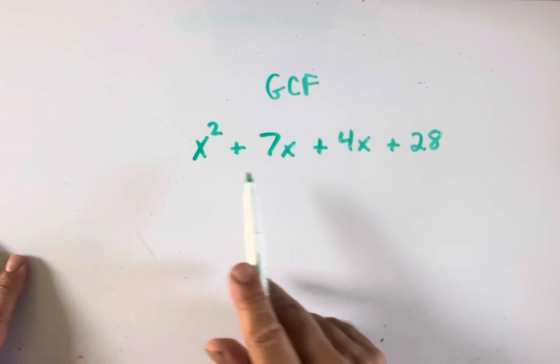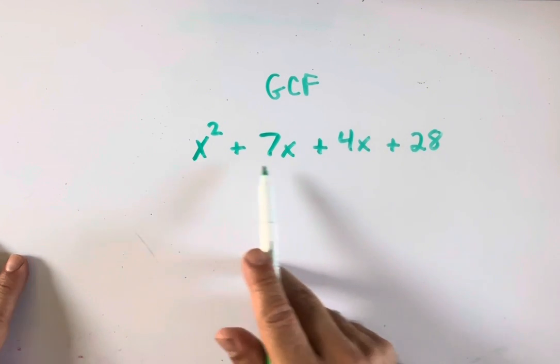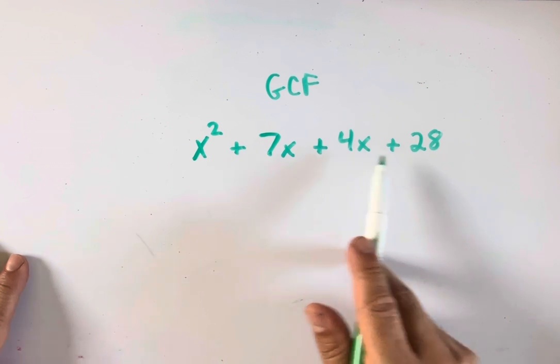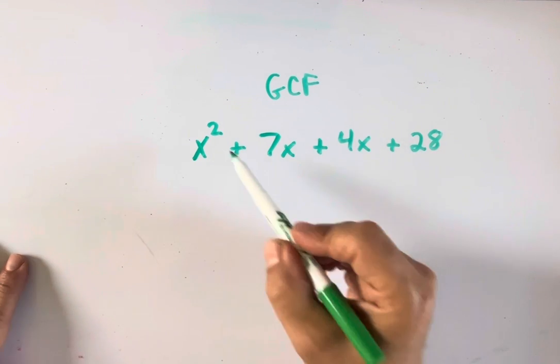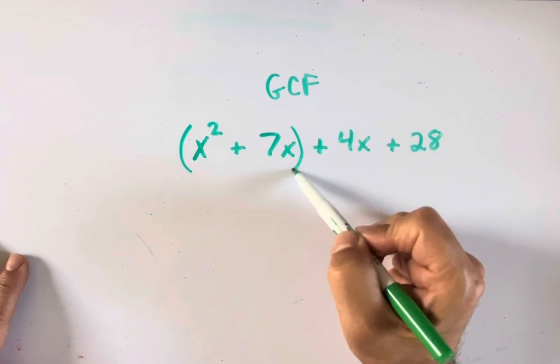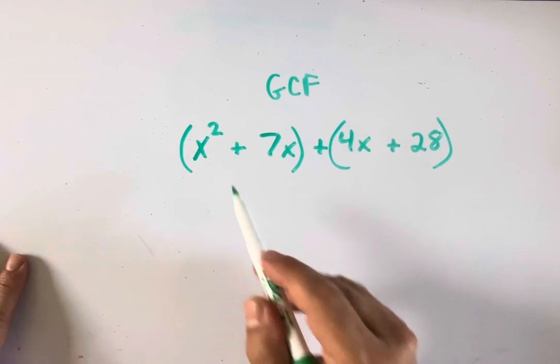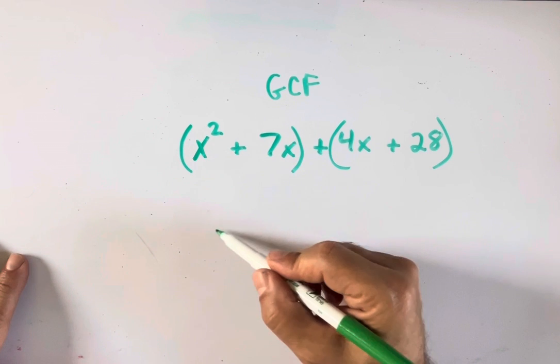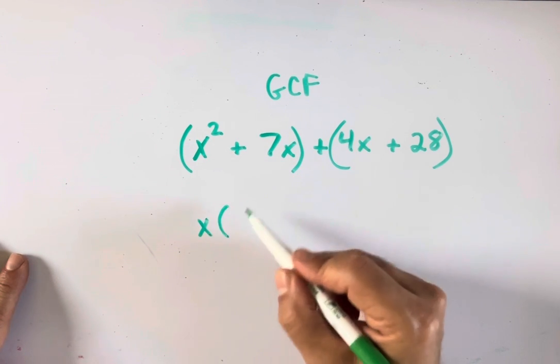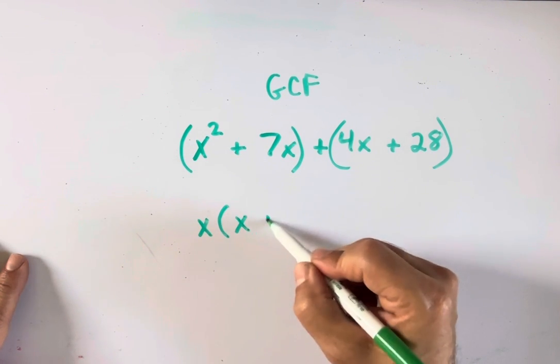Whenever I see 4 terms, it makes me remember, hey, let's see if we can group these: do something with these, do something with these. Let's take a look. Here I can factor out an x. That's going to leave me with x plus 7.